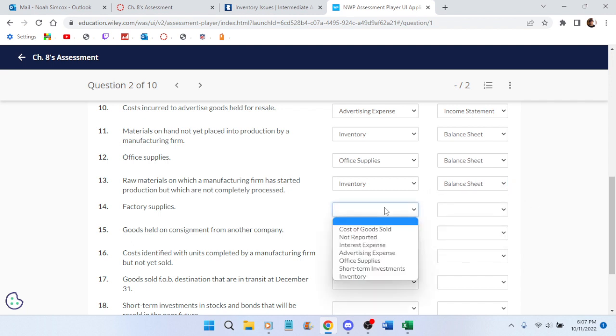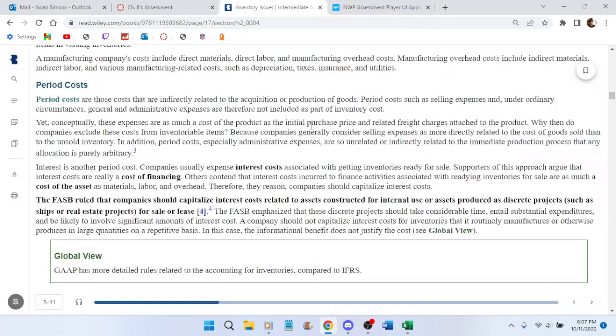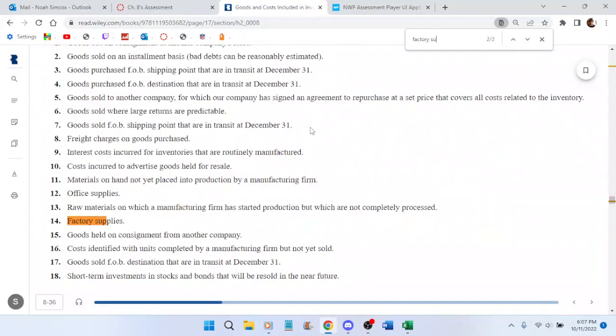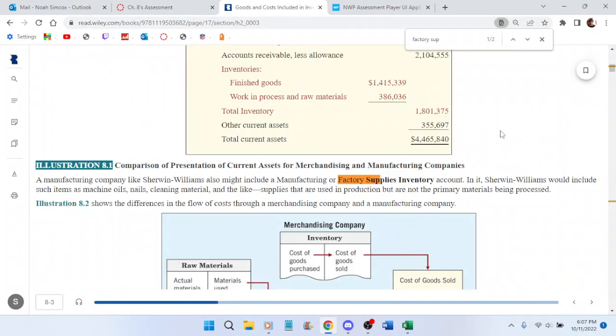Factory supplies. Well, there's no factory supplies listed here, so it must be inventory. I don't know. Factory supplies. God dang, man. They literally don't list it. Oh, here we go. They say factory supplies inventory.